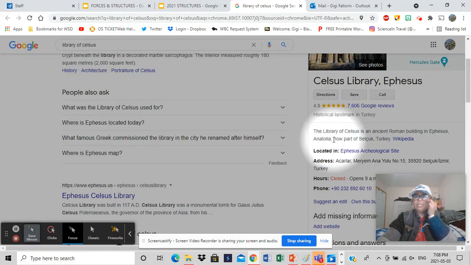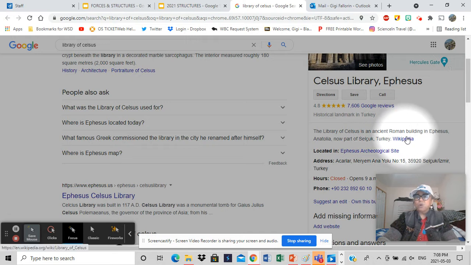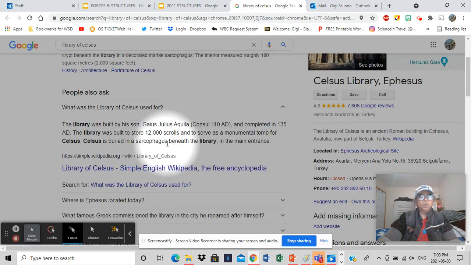So the Library of Celsus is an ancient Roman building in Ephesus, Anatolia, now part of Selçuk, Turkey, right? And what was it used for? So, this is used to store scrolls, documents, not books, scrolls. They can either be on ancient paper, or the writings can be on slabs of stone, right?